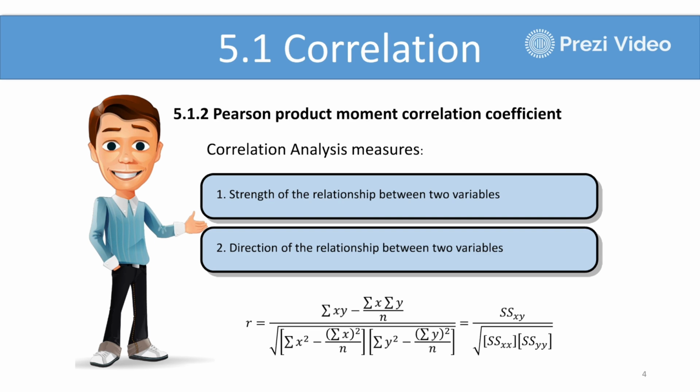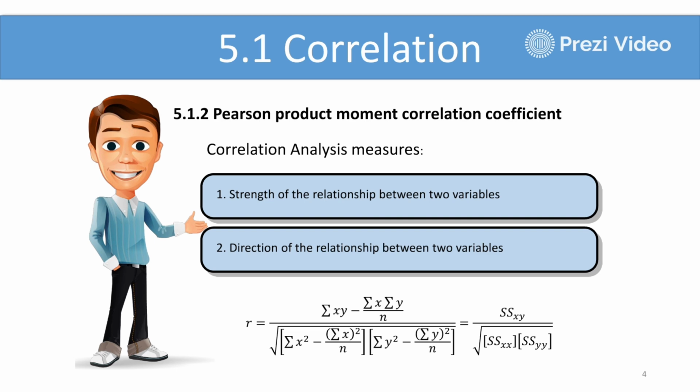For the denominator, under the square root, there are also two parts, two square brackets. The first bracket under the square root has only information on x, and the second square bracket has only information on y. These are the formula to find the correlation coefficient.